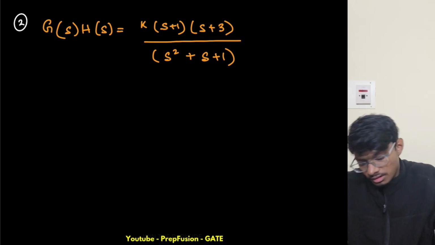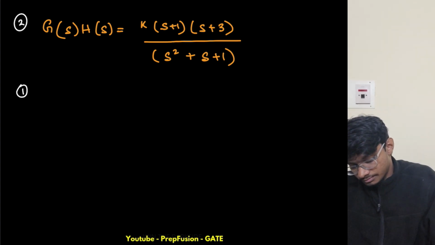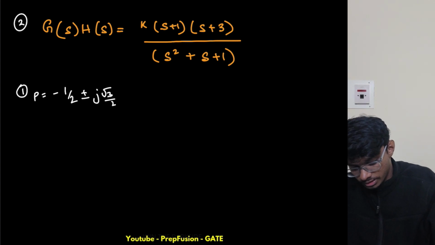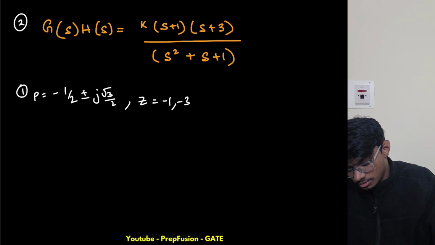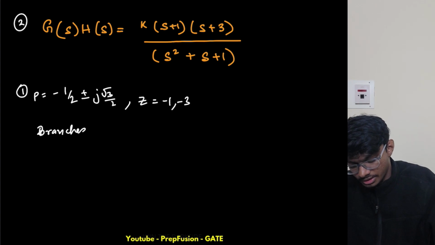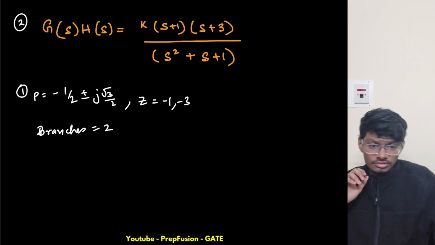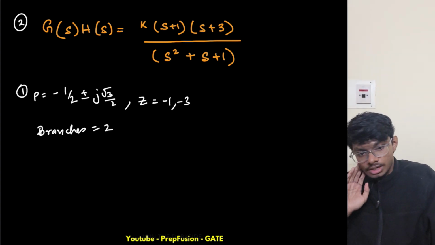So here, again doing the same thing. Step 1 is to find the poles. Poles will again be minus 1 plus minus j root 3 by 2, and zeros equal to minus 1 and minus 3. So branches will again be 2 only, just the numerator and denominator have been swapped.